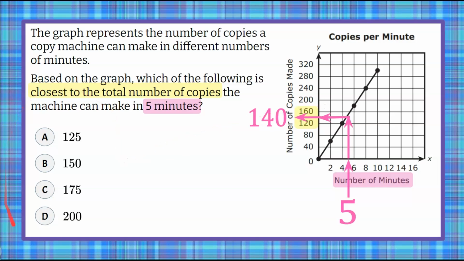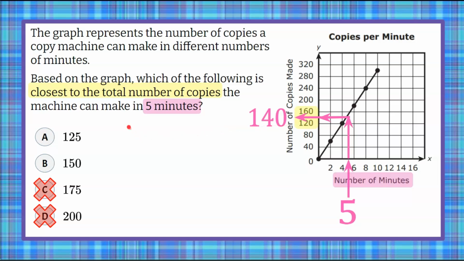So when I look at my 4 answer choices, I can see that C and D cannot be those answers because they're larger than our interval. So they're above 160. 175 and 200 are not in that about area. But I can see that 125 and 150, answer choices A and B, do fall in that space that I've identified.